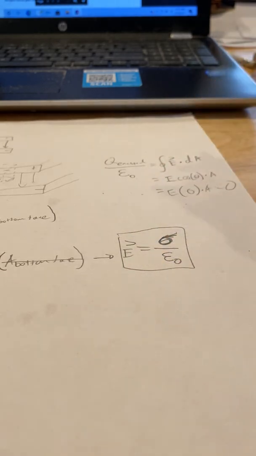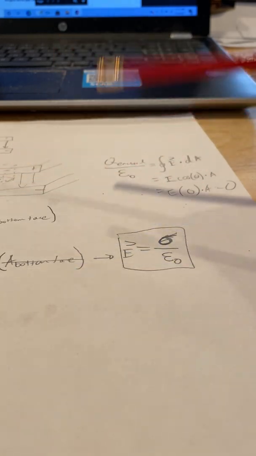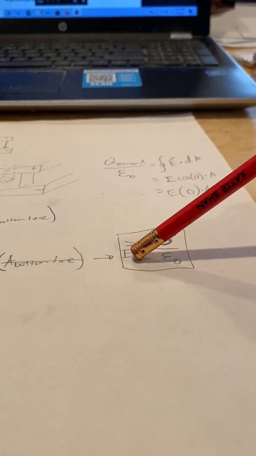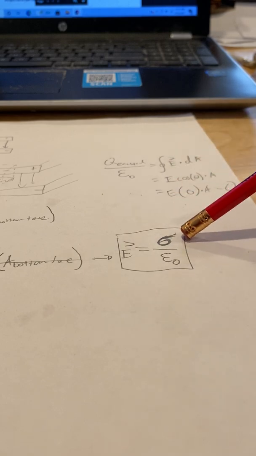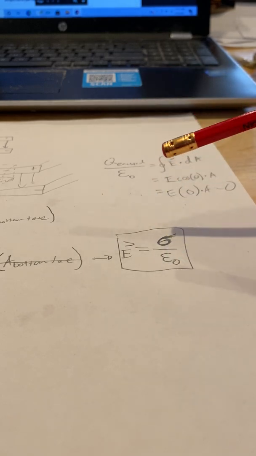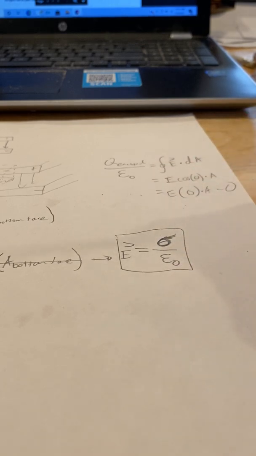And the reason it's any point between the two plates is, well, I explained this in the original Gauss's law video, but I'll explain it again. Since we used Gauss's law, this final electric field depends on the charge density and the permittivity of the material or the free space between the two plates.